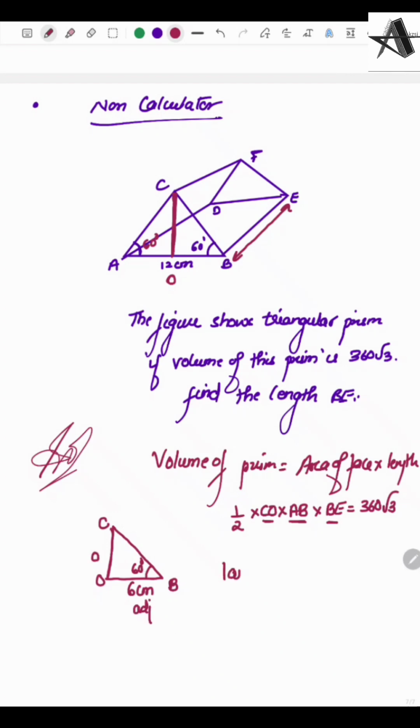So tan 60 degrees, I am applying in triangle COP. Tan 60 is opposite over adjacent. Tan 60 is root 3. CO is opposite and OB is 6. So opposite is 6 root 3. That means we have calculated the height. That's all we needed.